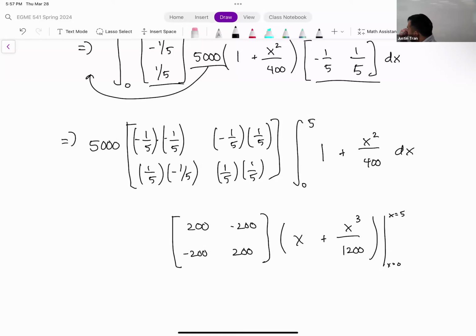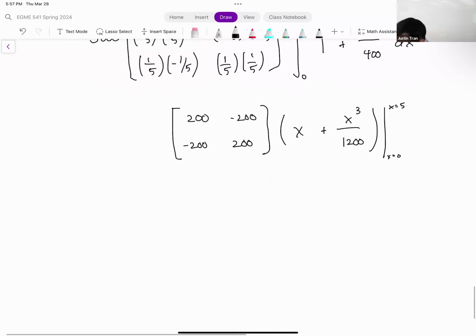Unfortunately, when we plug in those integration bounds, because we have the divide by 1200 there, we don't get a very nice number. So I'm just going to go ahead and do that arithmetic for you. But essentially, this is just going to be another constant that we multiply by every entry in the matrix.